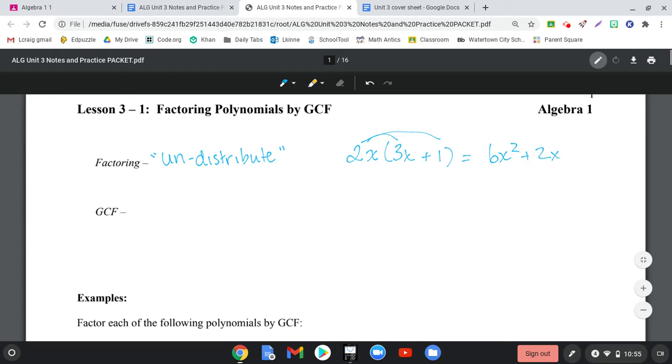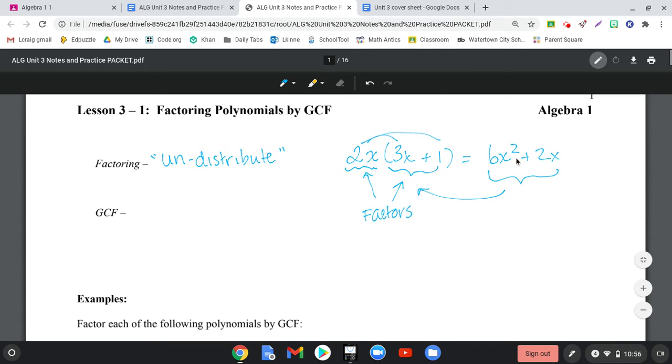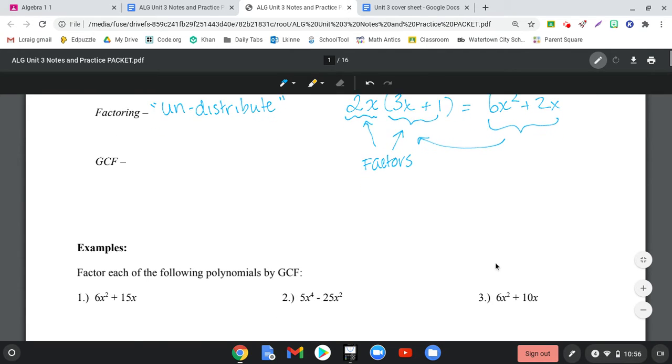Well, now I'm going to give you this and ask you what these factors are. That's a factor, and it's your GCF. And this whole thing is a factor. So basically what you're going to do is find what both terms have in common and pull it out front and then tell me what the leftovers are.